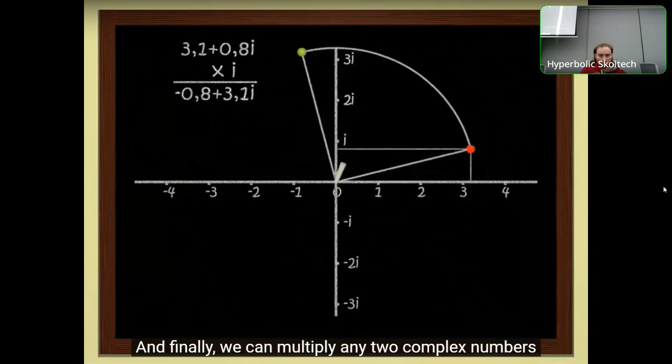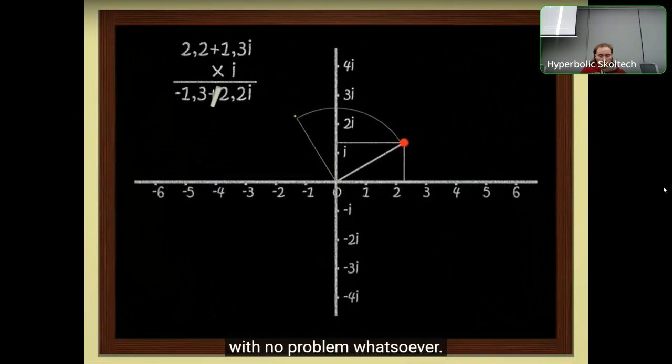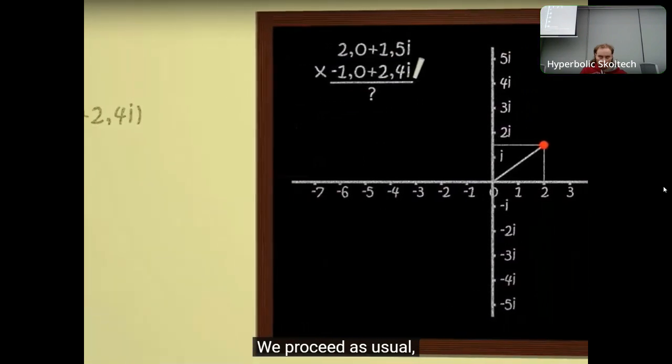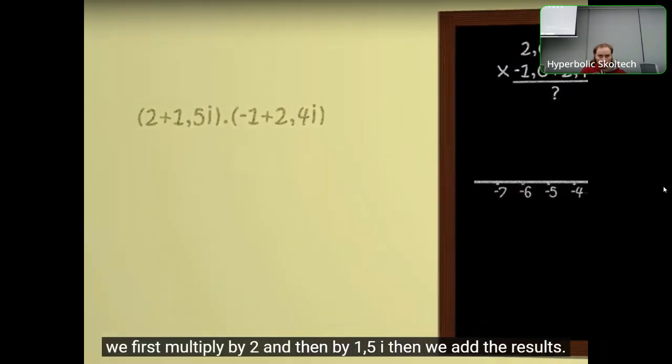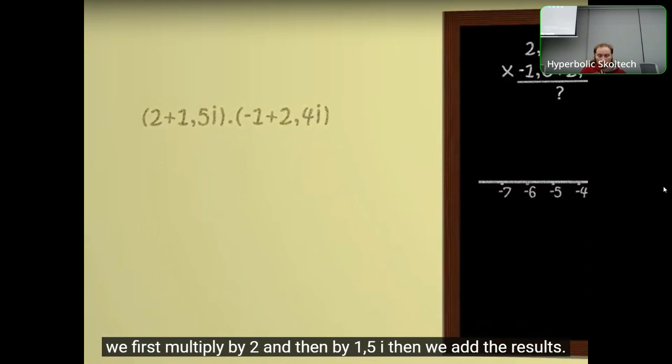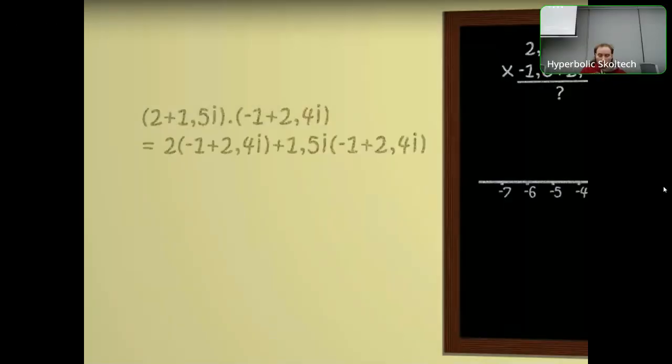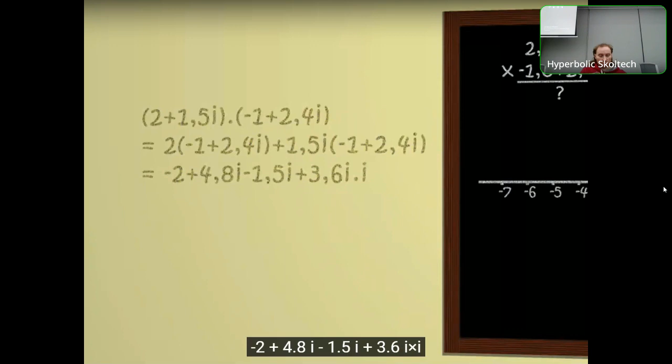And finally, we can multiply any 2 complex numbers with no problem whatsoever. Let's try, for instance, to multiply 2 plus 1.5i and -1 plus 2.4i. We proceed as usual. We first multiply 2 by -1 plus 2.4i, then 1.5i by -1 plus 2.4i. Therefore, we get -2 plus 4.8i minus 1.5i plus 3.6i times i.